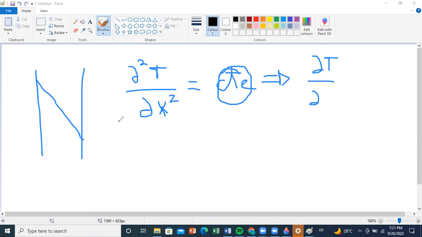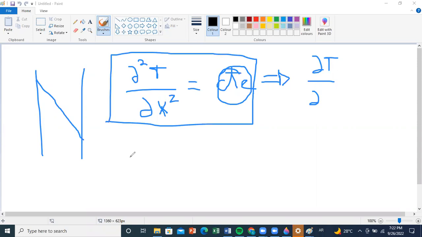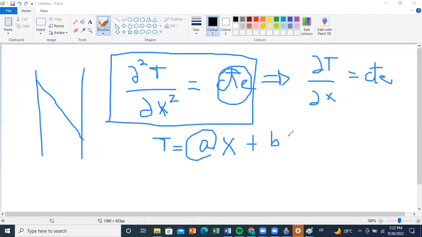So I tell you, in a plane wall, temperature variation is governed by the following differential equation. Find the variation of temperature within the wall. So you say then that del T by del X should be constant. And then you can say that T is varying in a linear way. So you can write T equal to a certain slope A times X plus B. Okay, and to exactly know how the temperature is varying, you need to define two coefficients, A and B. And then you need boundary conditions.